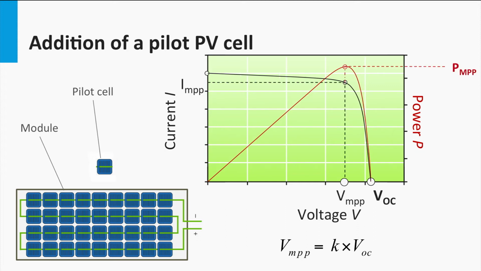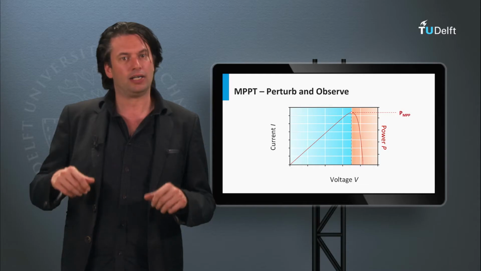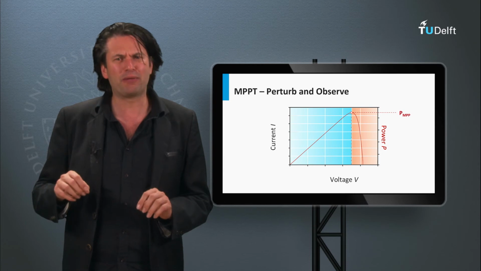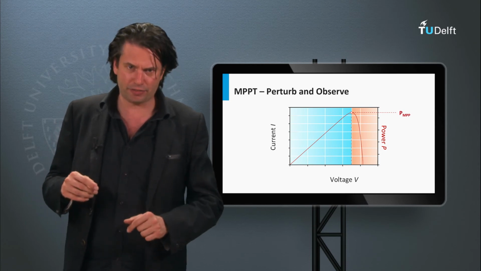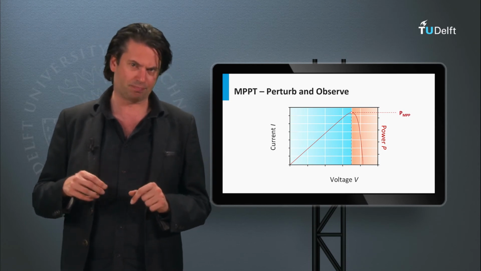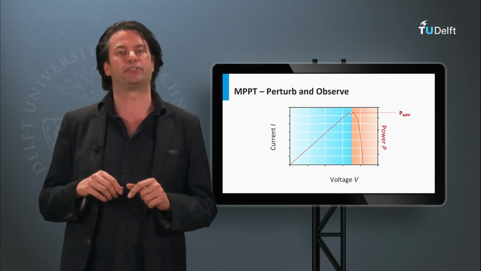Note that the inclusion of the pilot cell merely avoids the losses due to module disconnection. This method would still suffer from the problem of depending on the K value for estimating the maximum power point voltage. Now let's look at the more involved kind of maximum power point tracking, the direct maximum power point tracking.